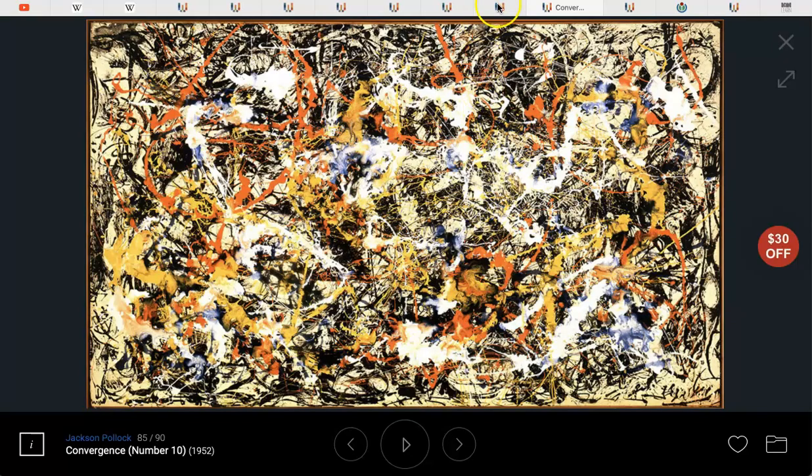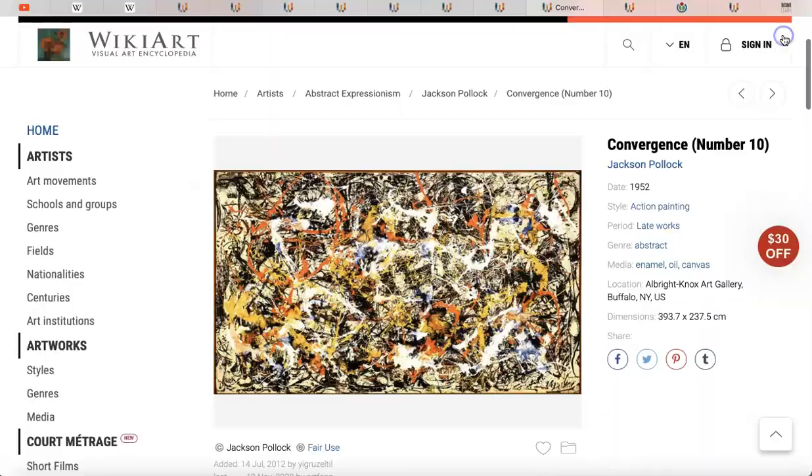Let me show you. Oh my, how big is this thing, does it say? 393.7 by 237.5 centimeters. So about 30 centimeters is in a foot. So this thing is at least 10 feet wide, just to give you an idea.